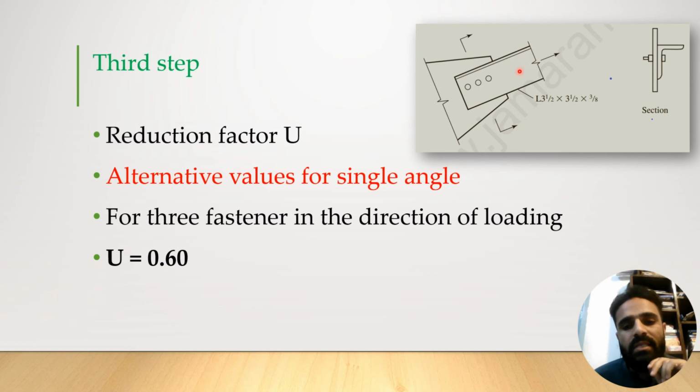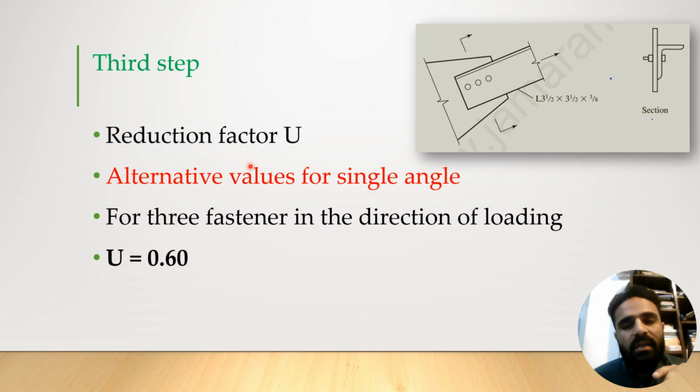Category number 1 is the equation method, and category number 4 is the alternative values for single and double angles. For the equation method we need x bar and the length of connection. Here the length of connection is not given, so we jump to the fourth category for finding the shear lag reduction factor, the alternative values for single and double angles.